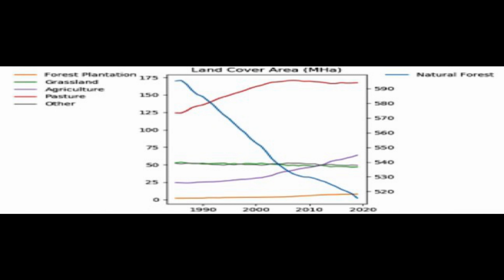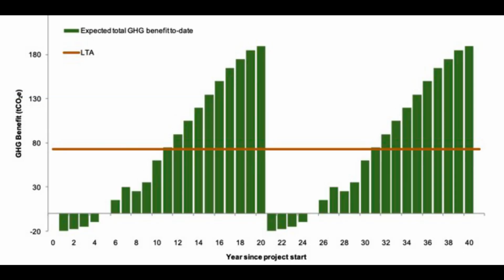IFM is defined by VCS as activities that change forest management practices to increase carbon stocks on lands legally managed for wood products. In addition to LtPF, these activities include reduced impact logging, or RIL, extension of rotation age, ERA, and low productivity to high productivity forest, LtHP.